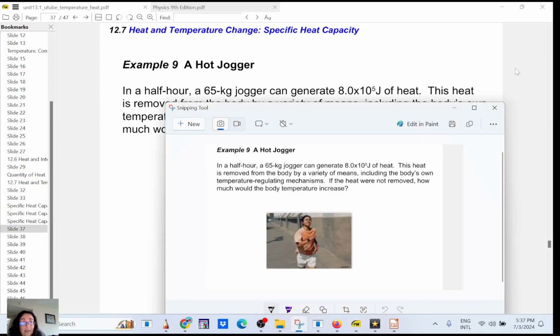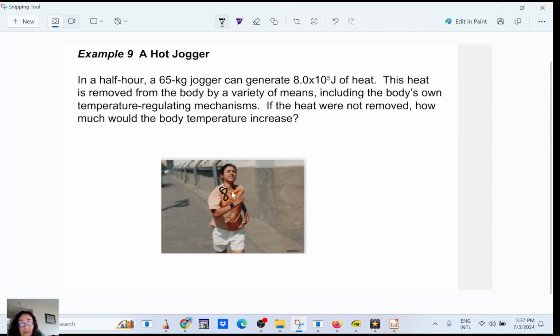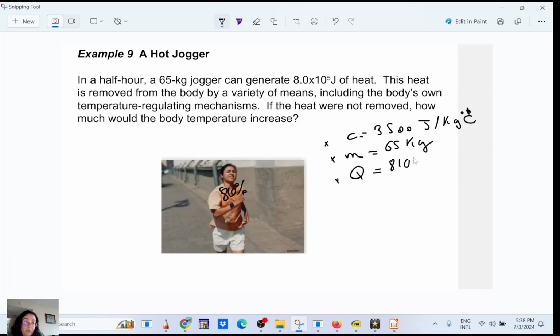The human body is about 80% water, so the specific heat capacity is close to 4,000, about 3,500 joule per kilogram degree Celsius. The mass of the jogger is 65 kilogram, and Q produced by the effort is 8 times 10 to the fifth joule.